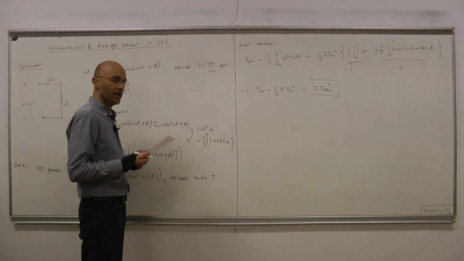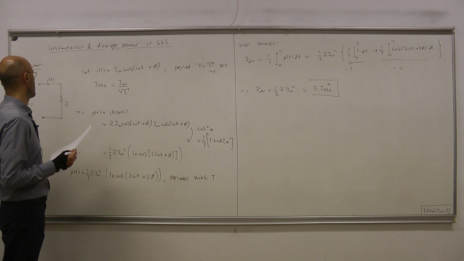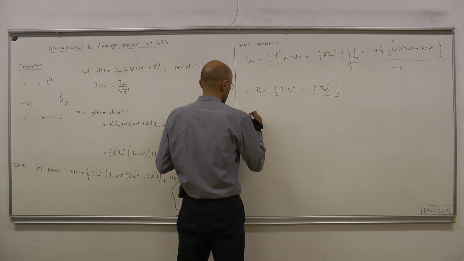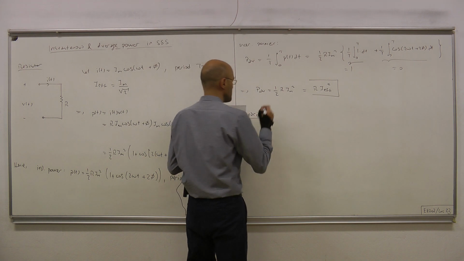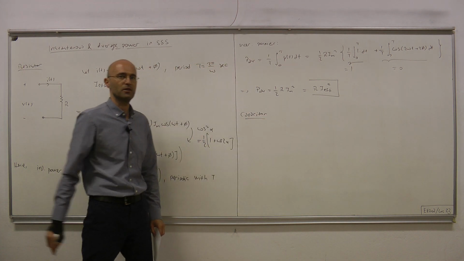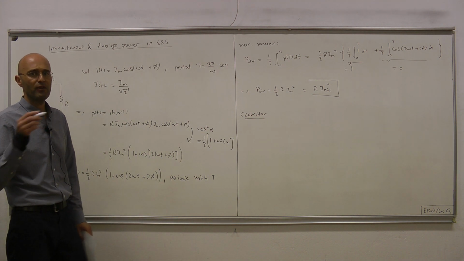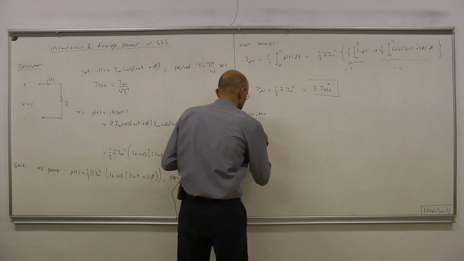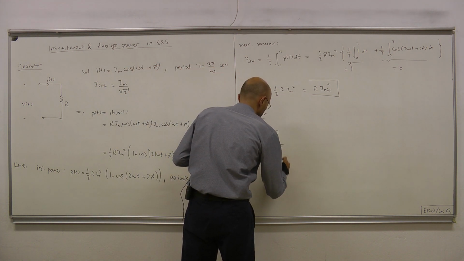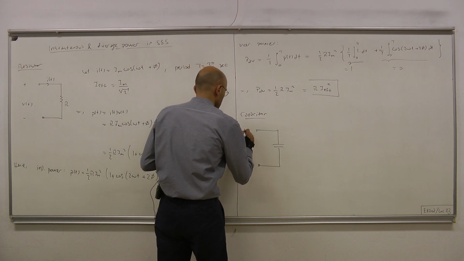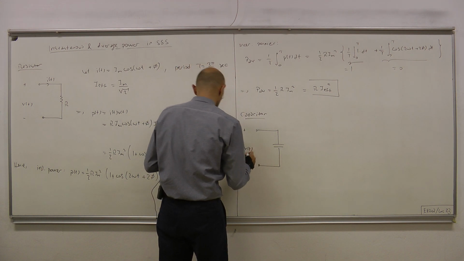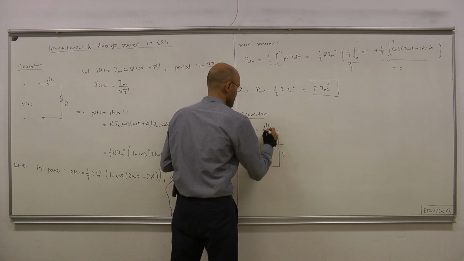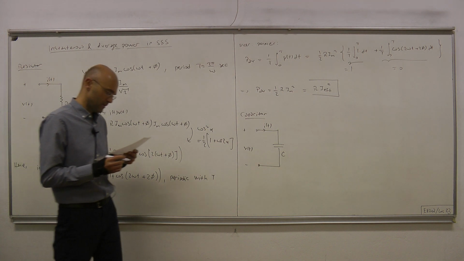Okay, now let's move on to our dynamic components, namely capacitor and inductor. Capacitor first. Again, the assumption is such that this capacitor that we will study is part of an LTI circuit, and that circuit is in sinusoidal steady state. Plus minus Vt voltage, C the capacitance, and this is the current passing through our component.